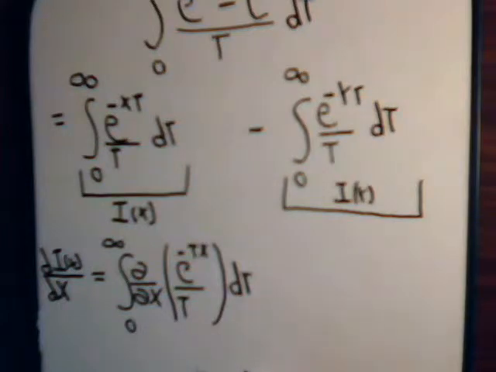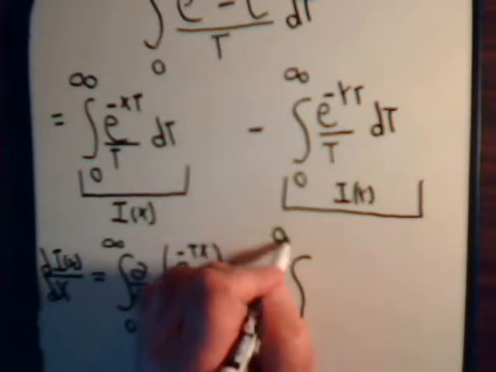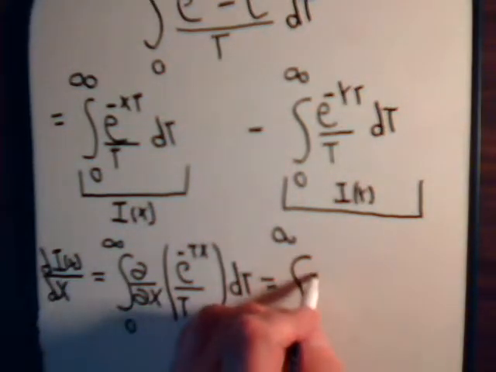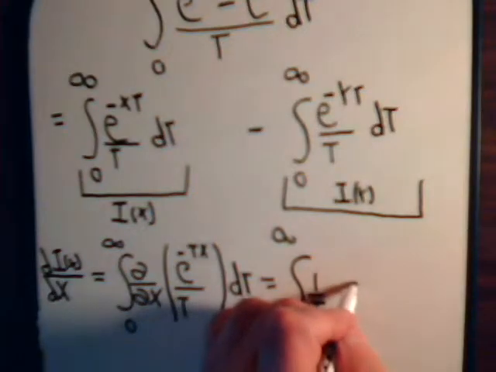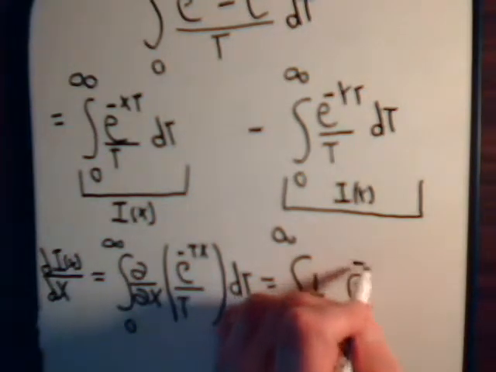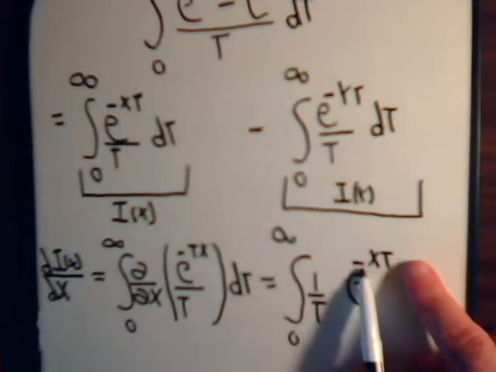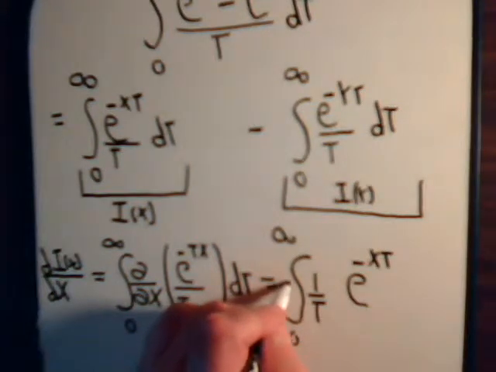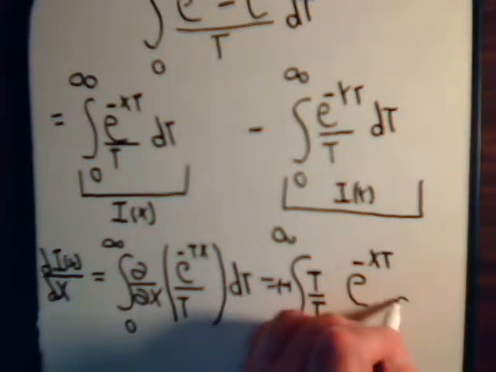We have to take the partial of e to the minus tx over t with respect to x. So this will equal the integral, we'll have 1 over t, and then the derivative of e to the minus tx with respect to x, we will have e to the minus xt, and then taking the differential here, that will be minus t. So we'll have minus t, and then we have dt.